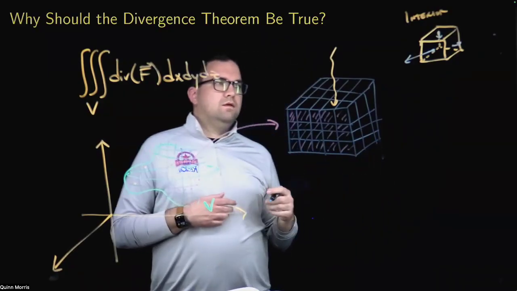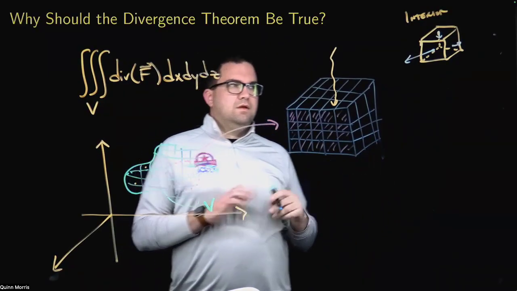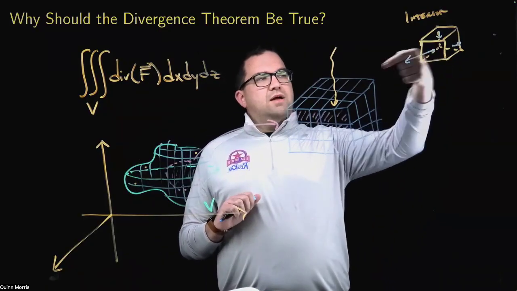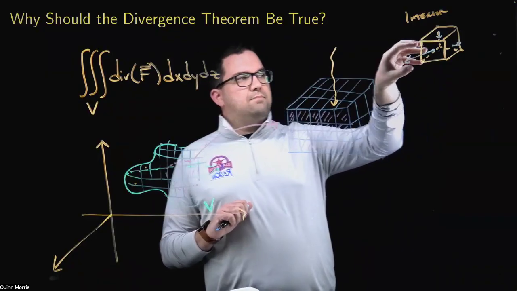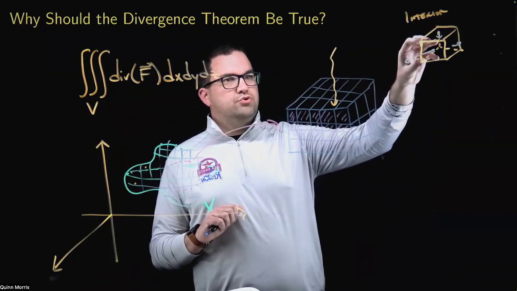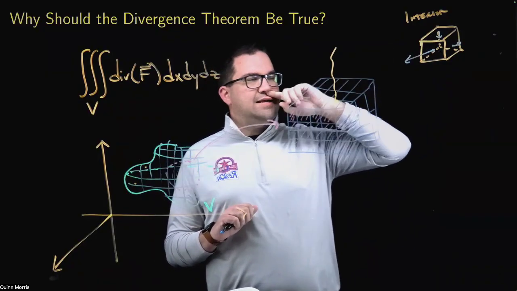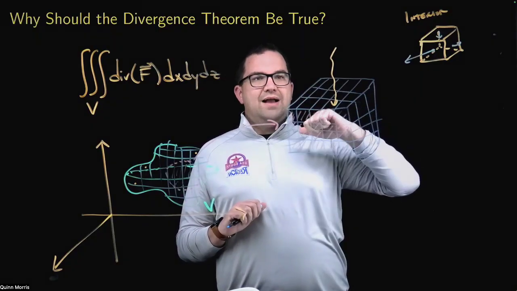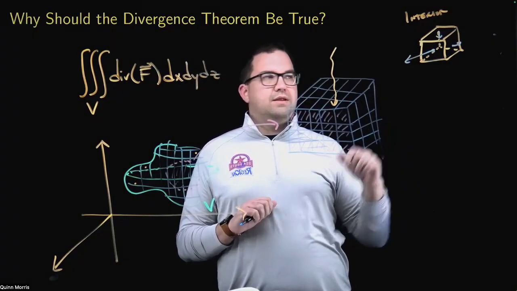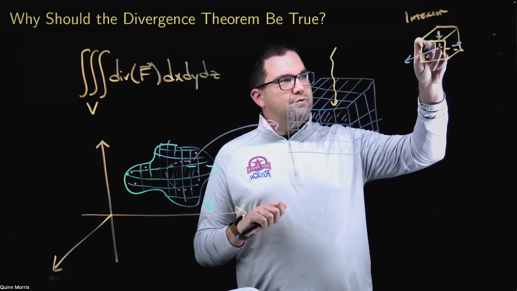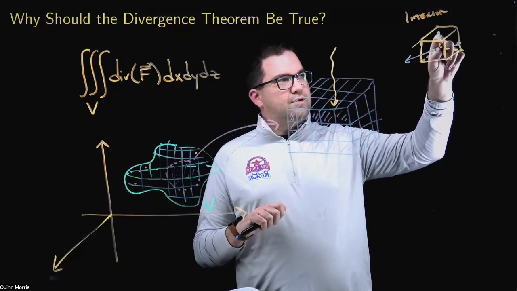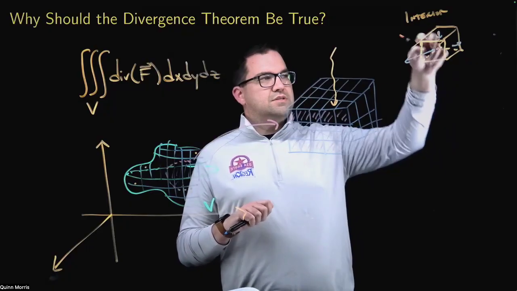Okay. However much the volume is expanding in this direction, the cube that's immediately attached to this face, this front face, it's going to be contracting by that same amount, right? There's another cube attached right here, sort of another little ghost cube sticking off of here.